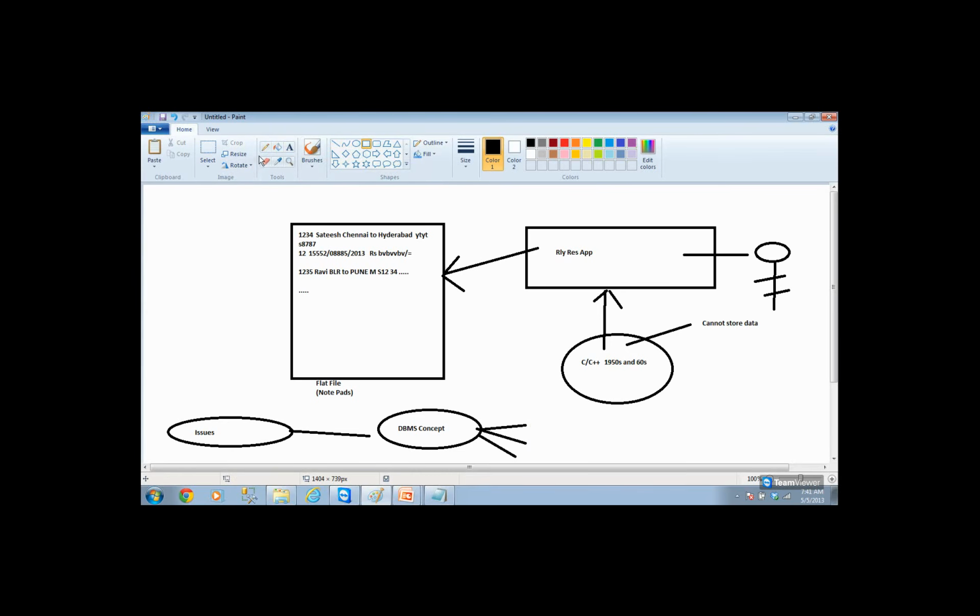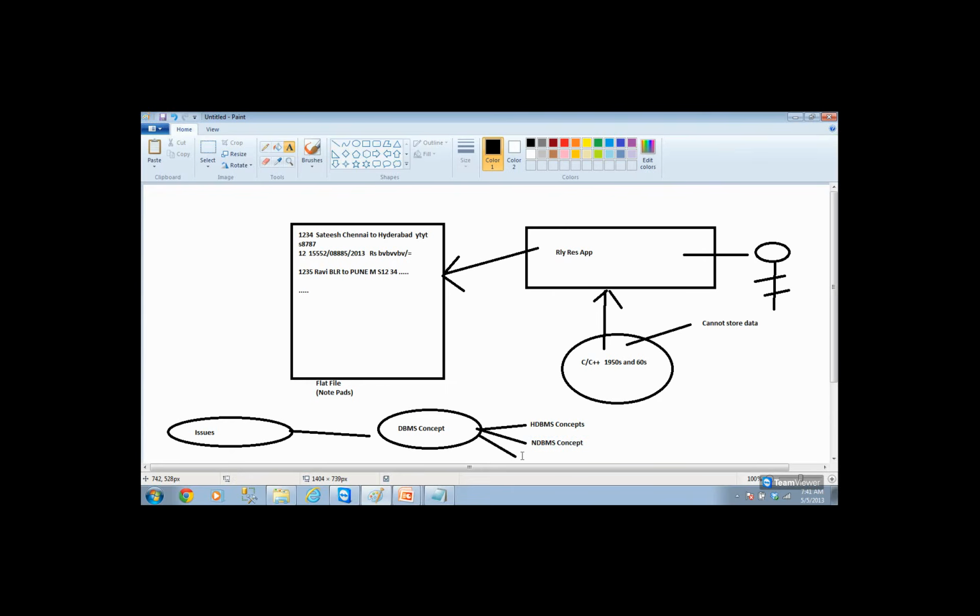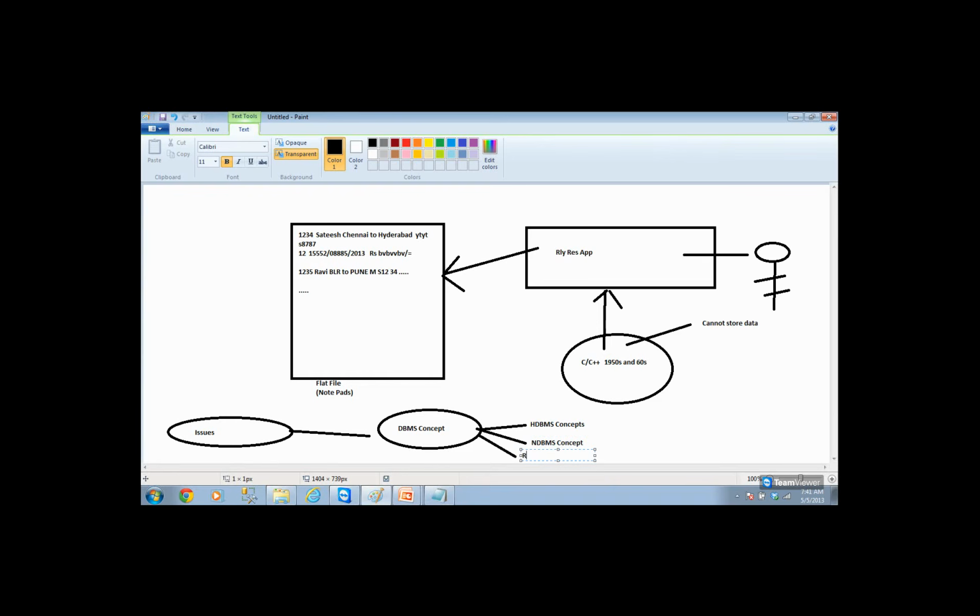So here the first concept is the HDBMS concept. All of them are concepts, you have to be very clear. It is not software, it is a concept. Then the second one is the network DBMS concept, another style in which you can store the data and retrieve the data. Then finally we got the RDBMS concept.